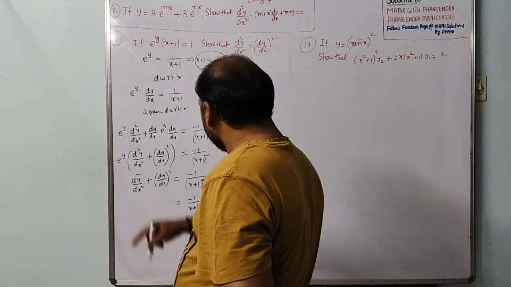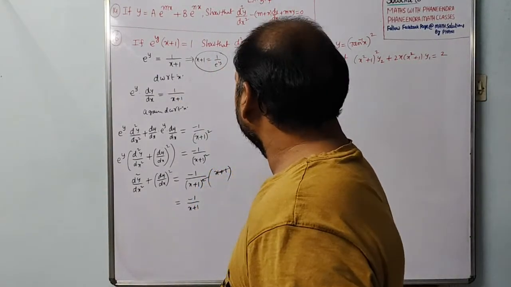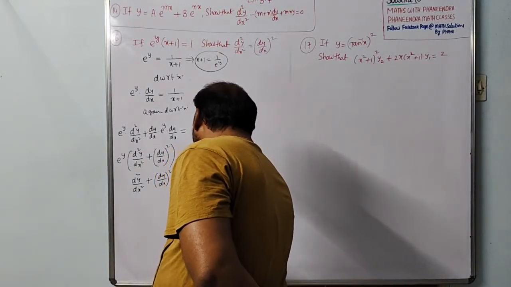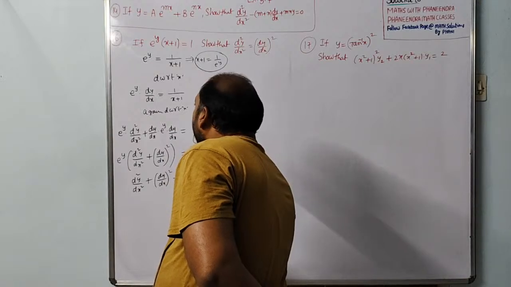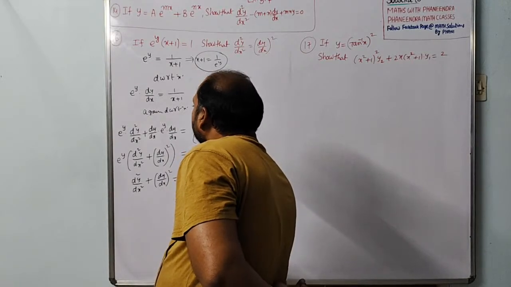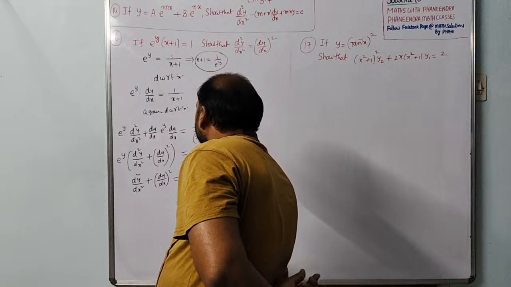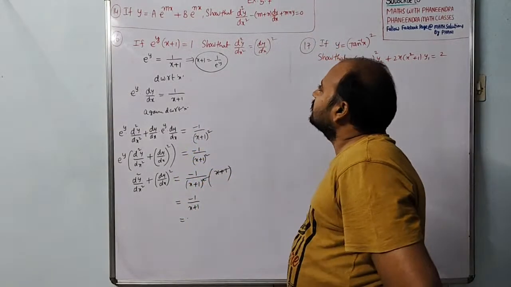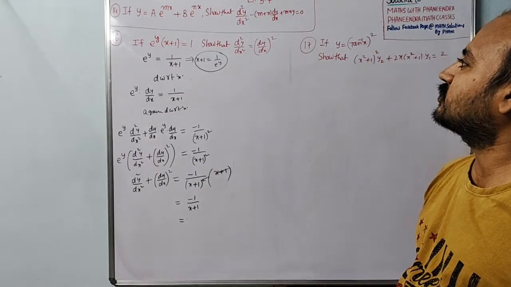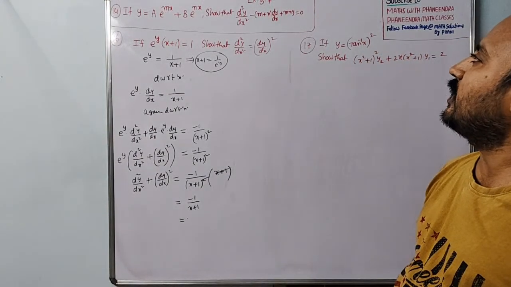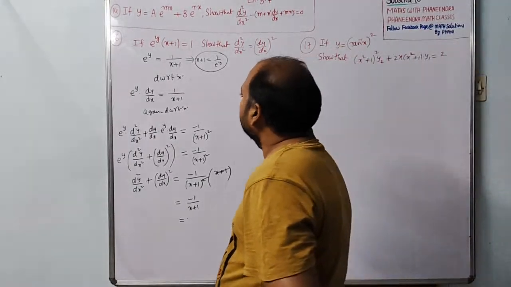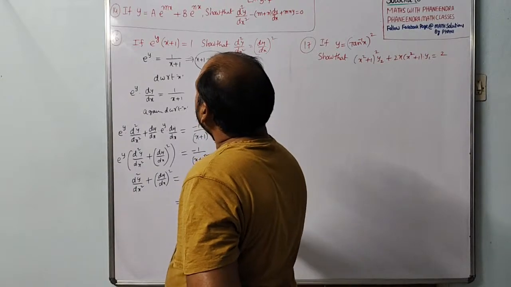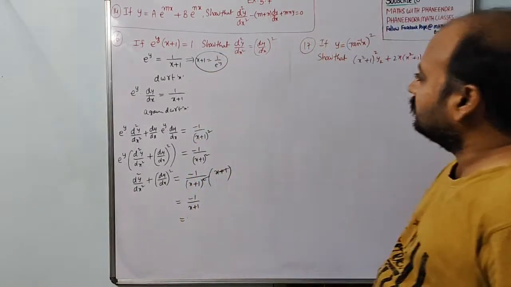Again 1 by x plus 1 value is e power y. They are asking to prove these both results are equal: d square y by dx square is equal to dy by dx whole square. From this result probably good.